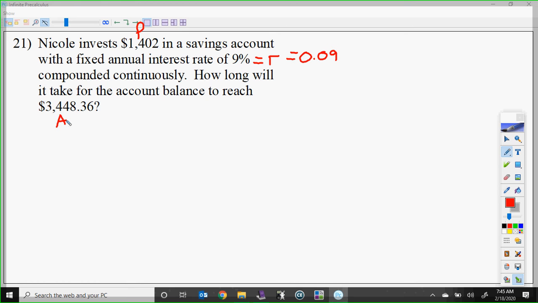There's my A. So this time they give me the A. Well, if they give me the A, what are they asking me for? It says how long, so that means I'm trying to figure out T. I don't know T. Well, which equation should I use? Well, it says compounded continuously, so we're going to use Pert. So A equals P e^(rt).